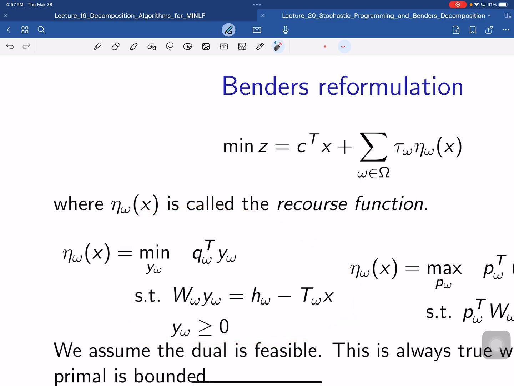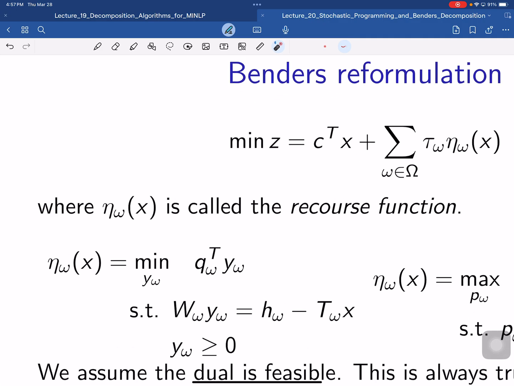So we are rewriting the two-stage stochastic programming problem as the minimization problem over x, and we are representing the second stage problem using this function eta of x, which is essentially minimizing the second stage problem if you are given an x variable.